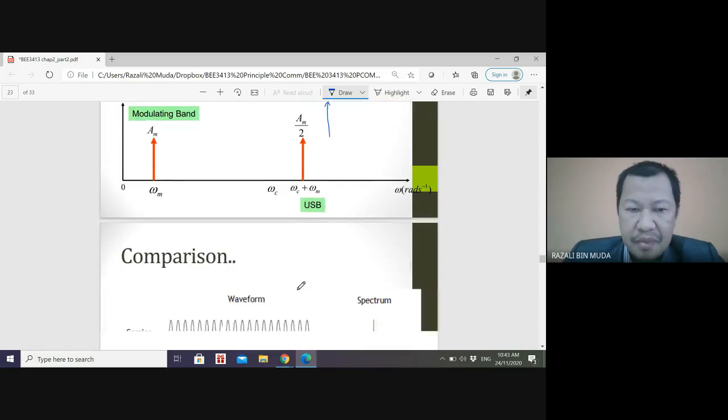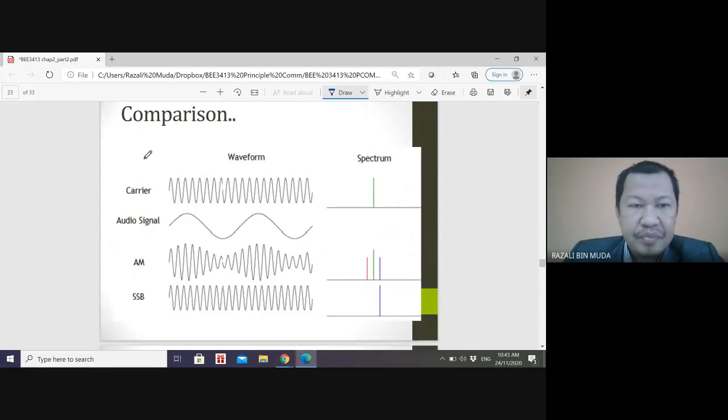Okay, so the comparison. If we compare the four signals, what we have here are the carrier, audio, AM, and single sideband. Of course, you know the carrier: in this spectrum, FC is the carrier.